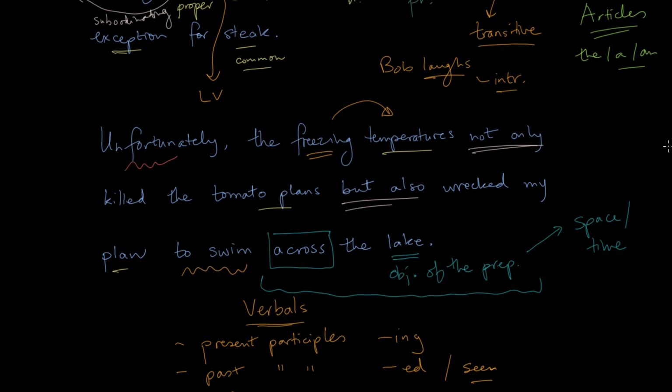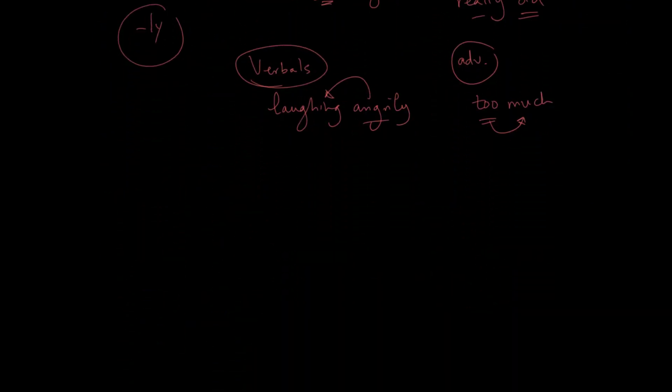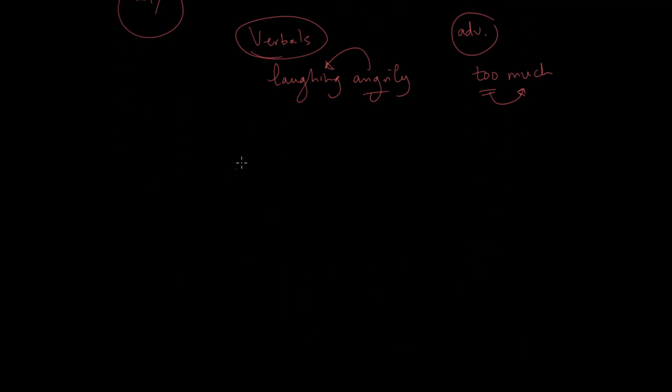The last type of conjunction is what we call a coordinating conjunction. There are 7 of these, and I think it's really worth memorizing them.